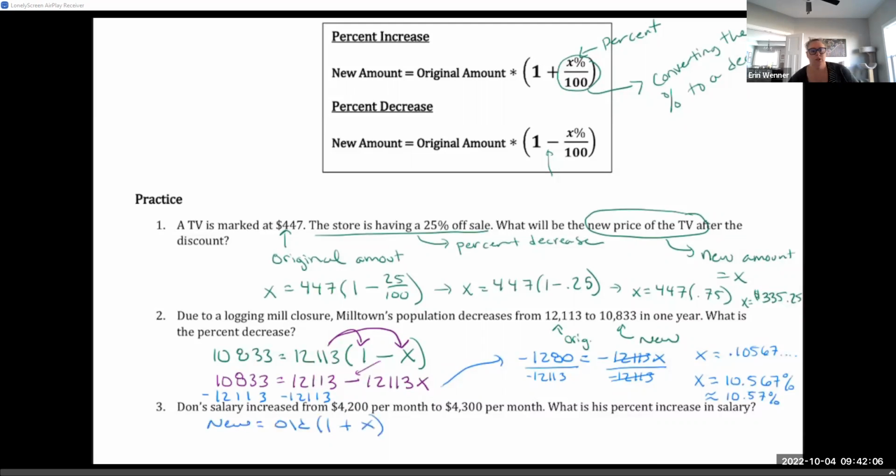So it's up to you to decide what new and old mean. And send me your answer to 2 decimal places, please.